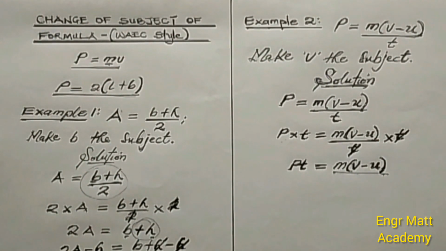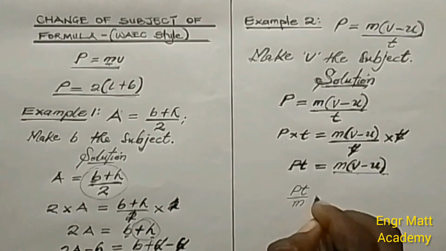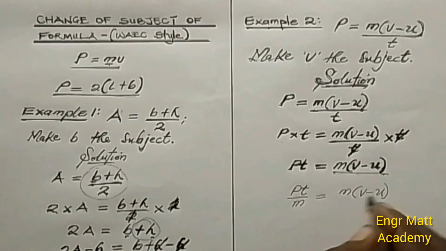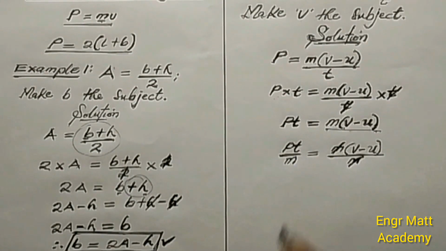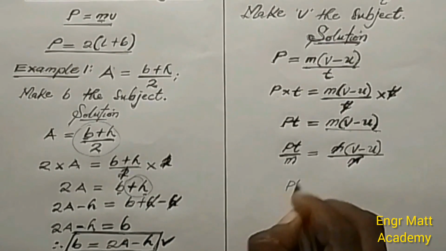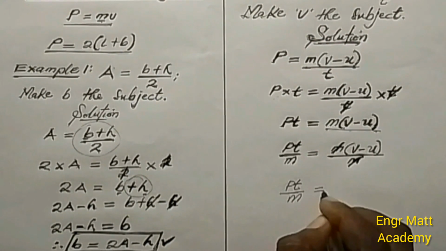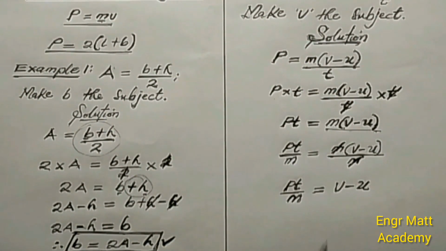This will give us PT divided by M is equal to M into V minus U divided by M. On the right hand side, M will cancel out, leaving us with PT over M is equal to V minus U. Remember, our goal is to make V the subject of the formula.